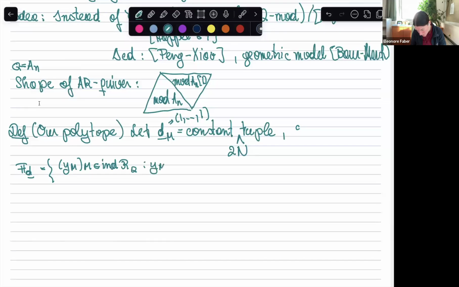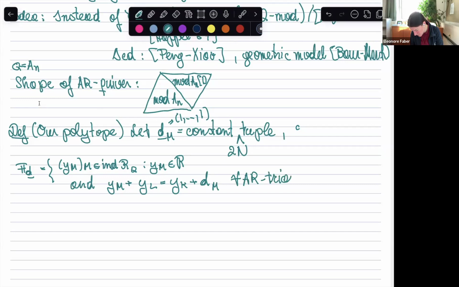I'm assuming y_m is in R, and the equation is exactly the frieze relation. For each AR triangle m to k to l, we have y_m plus y_l equals y_k plus d_m, for all AR triangles in RQ.